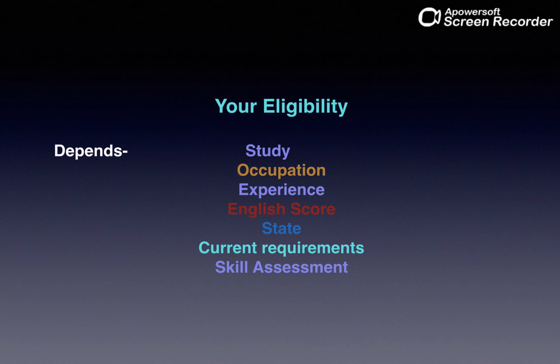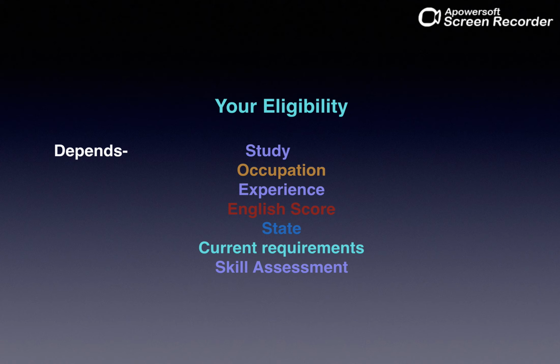And the last one is skill assessment, which is very, very important. If you're applying for a skill visa, you must have a skill assessment from your assessing authority. Some assessing authorities need experience in your occupation as well.